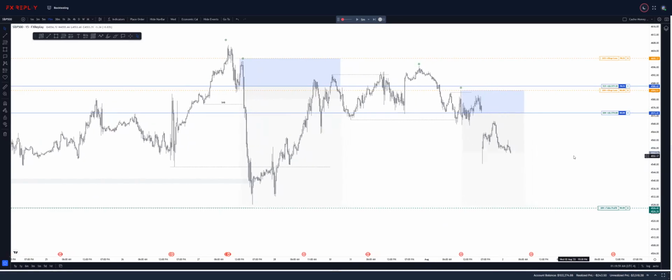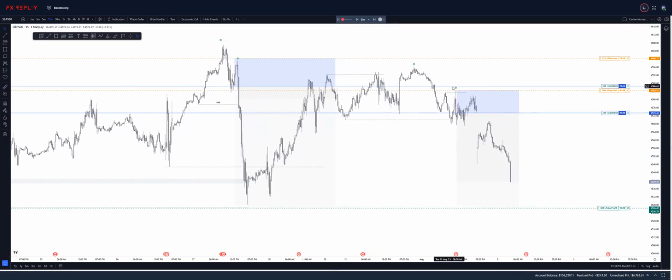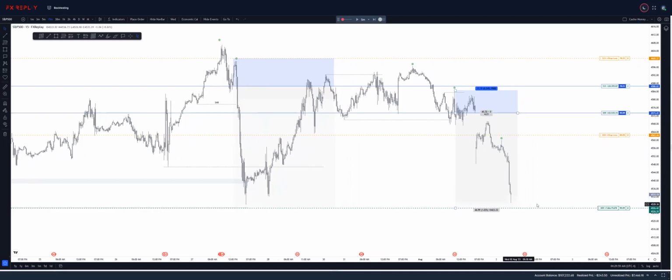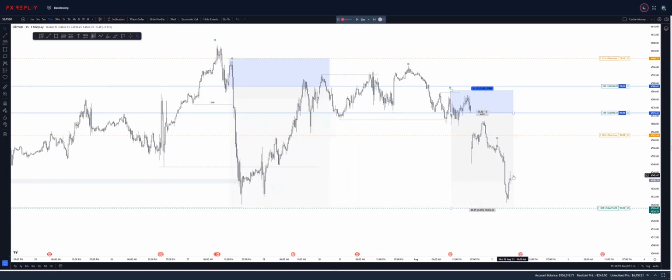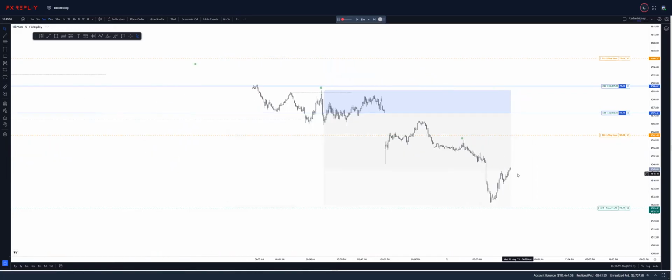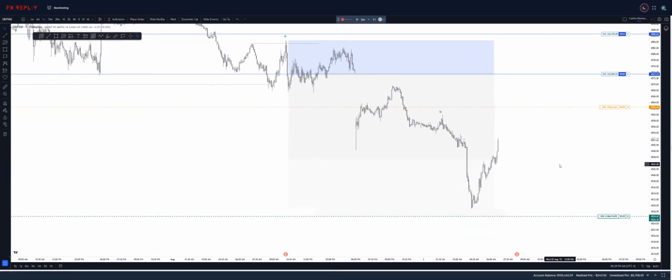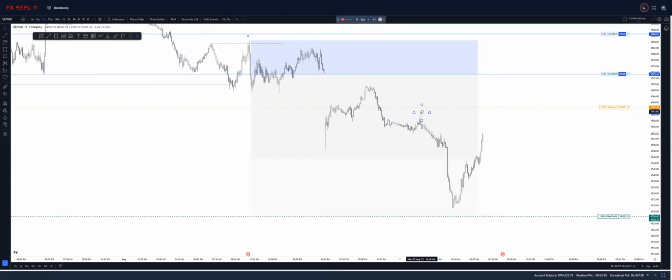Let's see the slow break. Okay, there's your most recent ISP. So we can start to trail like this. And we're just going to target these lows here. This should be protected.